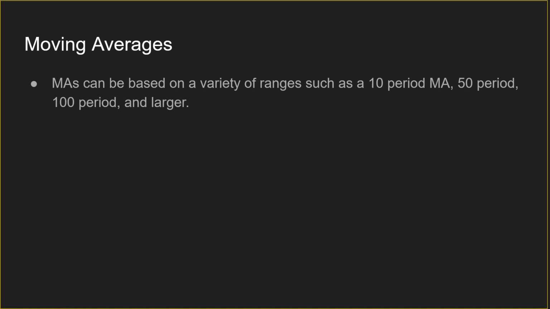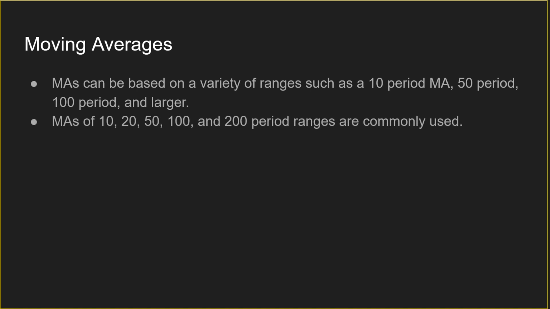So moving averages can be based on a variety of ranges, such as the 10 period, the 50 period, 100 period, or larger. MAs of 10, 20, 50, 100, and 200 period ranges are commonly used. There are many different combinations, and it really depends on your trading style. I know the 50 and the 200 period are commonly used, and I personally use those as well.